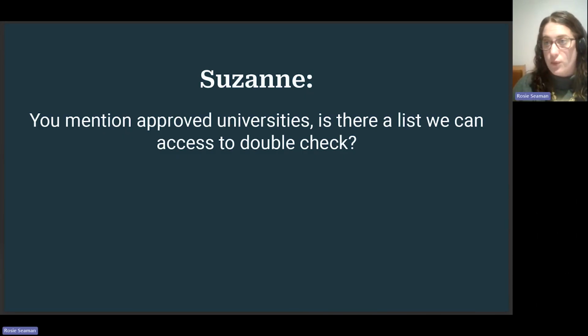Yeah, I think when you go on to the application process, there's a drop-down list of universities, but I would double check. But we can also circulate which universities are approved.